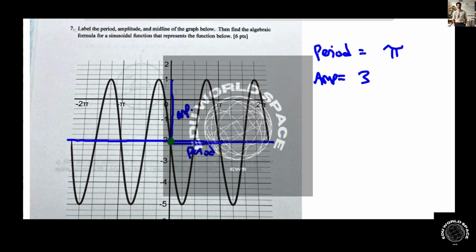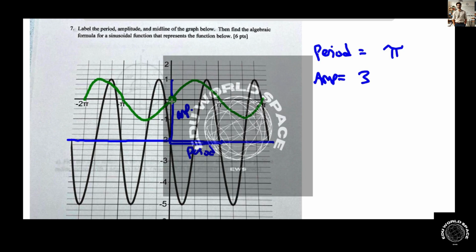It starts at the origin, it has a period of 2 pi, and it has an amplitude of 1.